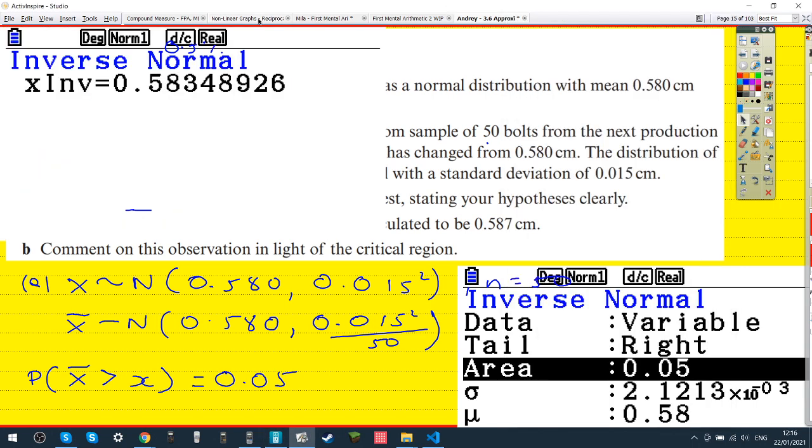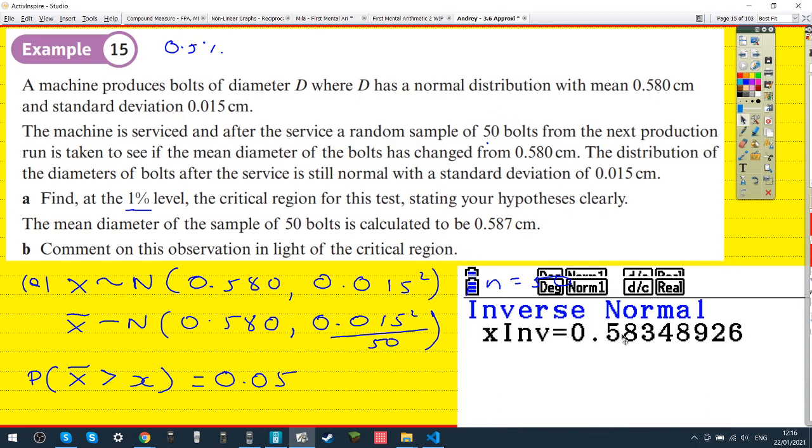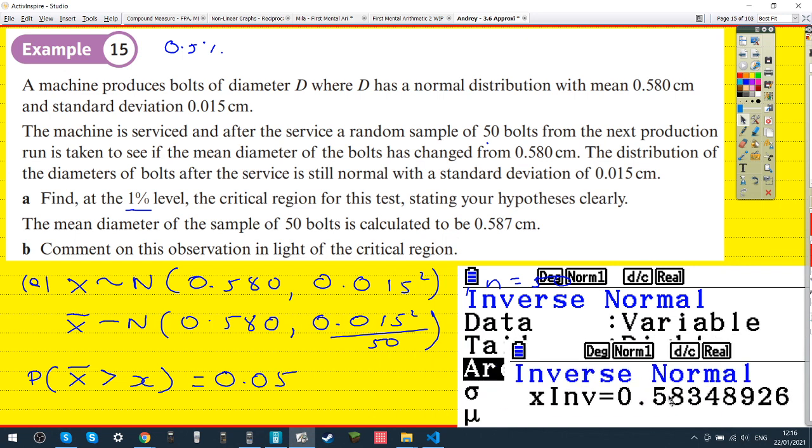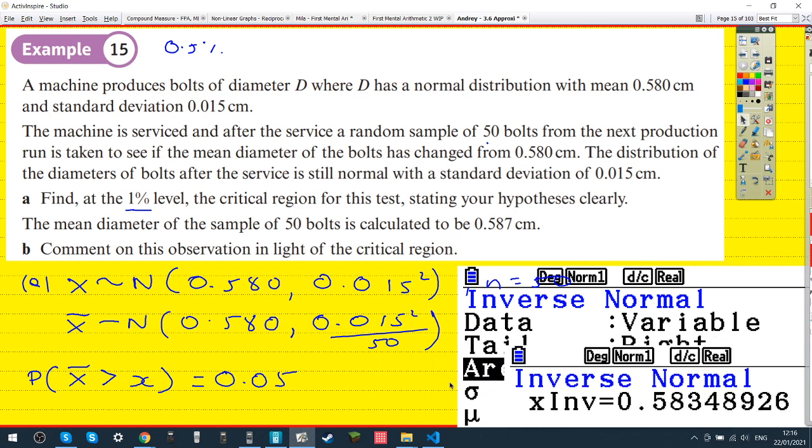And so now we want the lower part. So what X or less would give us also 0.05 on the other side of the normal distribution. And so are we now making tail left?